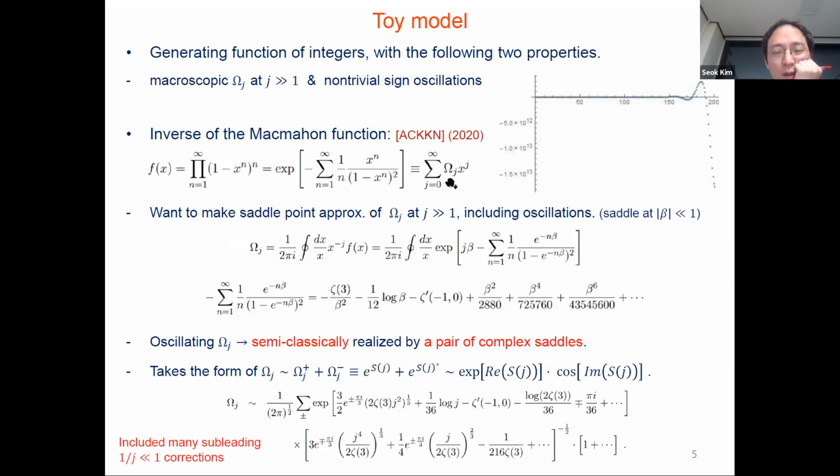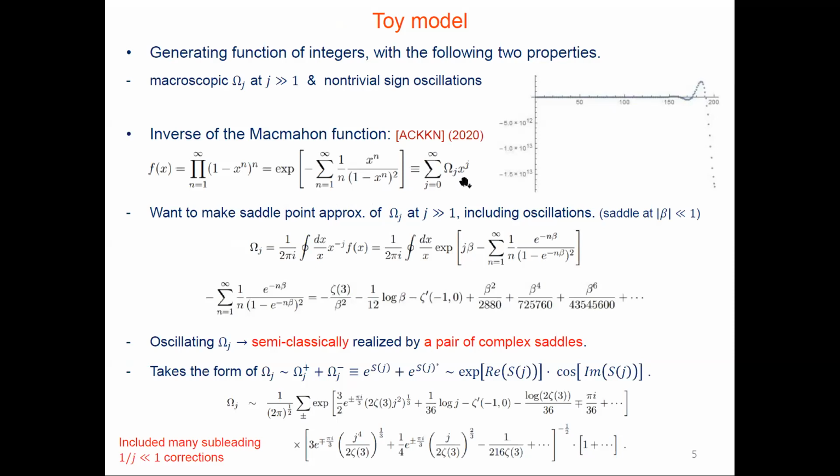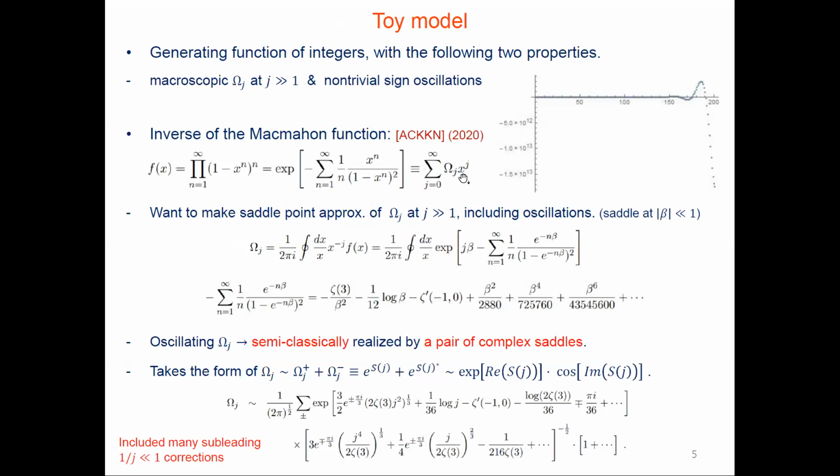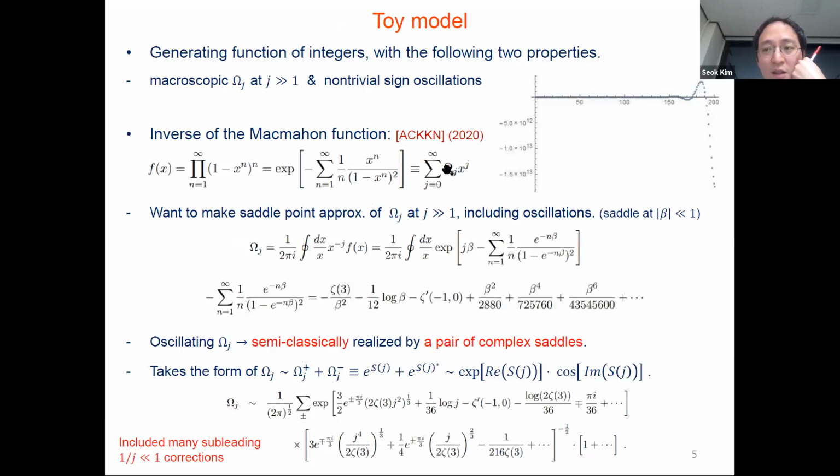Yes. Now, if the phase of x turns out to be complex at the saddle point, it would at least naively suggest that if you add that kind of phase, that compensates for the phase in omega_j. Yes. In the grand canonical picture, I think that's the picture.